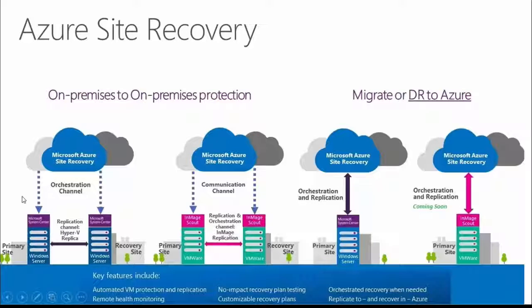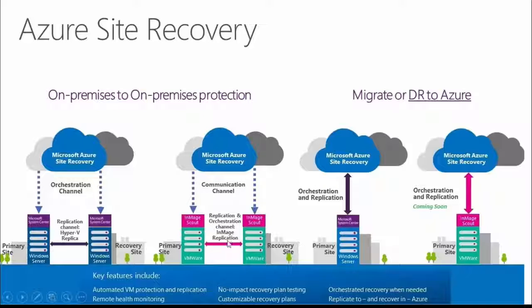So in this case here on the left, we're talking about Windows Server VMs. Now that we've acquired InMage Scout, we're able to do this with VMware as well, which is definitely a hugely important tool. So we can use Microsoft Azure and leverage its power to orchestrate the process of VM backup for VMware as well.